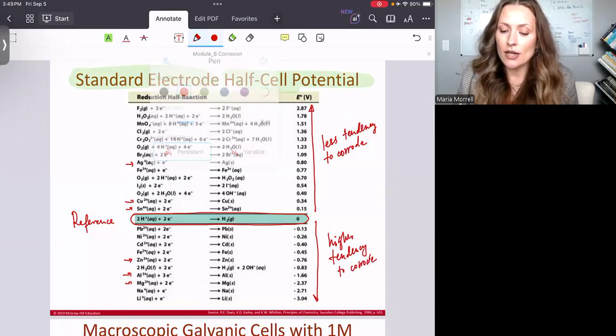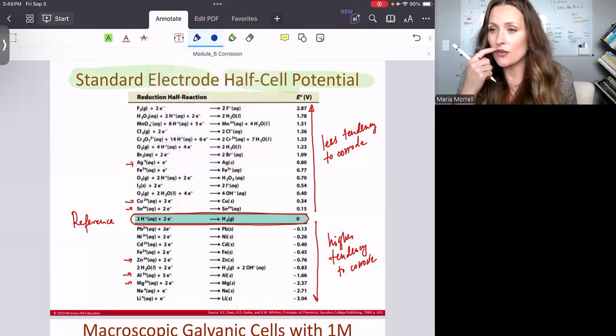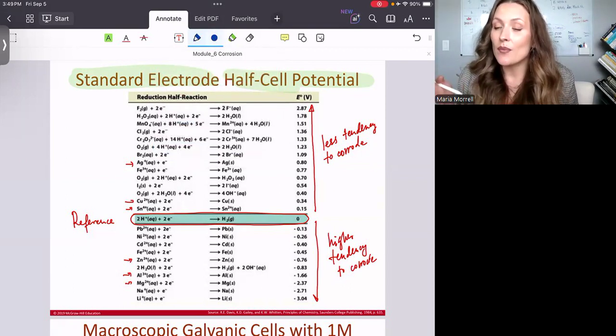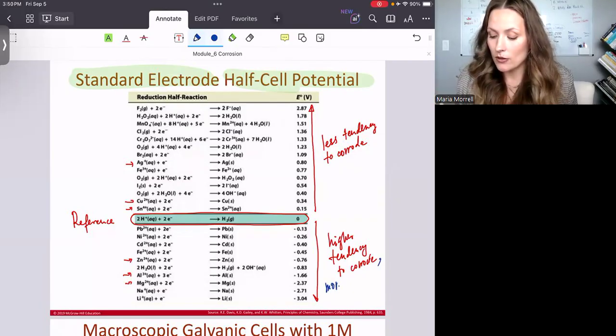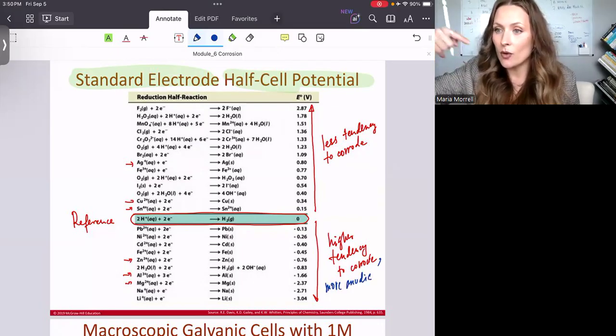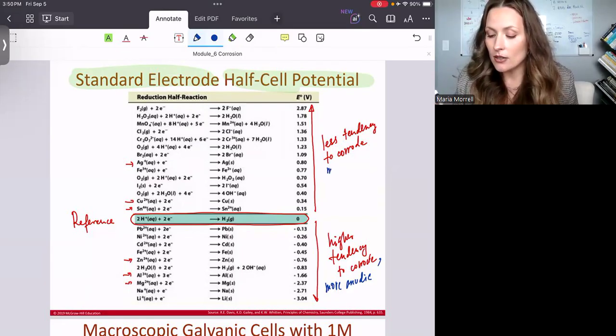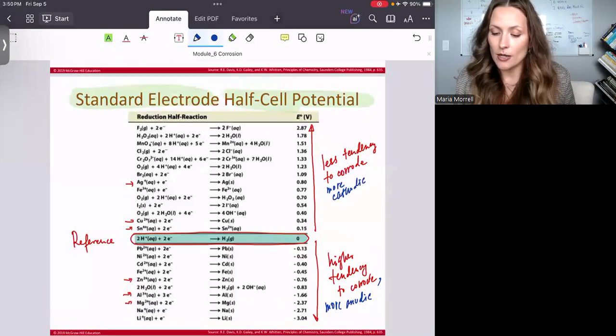And in other words, I can also describe it now that I know the difference between anode and cathode, right? Anode is where corrosion happens, right? The material basically also means more anodic, going downward, right, from that zero. The more negative, the more anodic material has a higher tendency to corrode. And here we're going to describe these metals as more cathodic, okay?